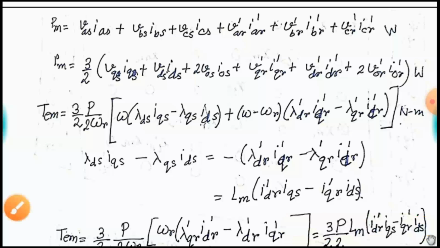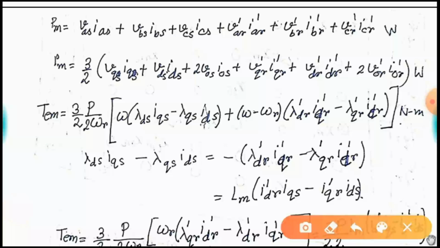We can do this mathematically, and we can also understand it intuitively. Consider a situation where there is no omega term here, and no omega here either. Then your total power expression is independent of omega.